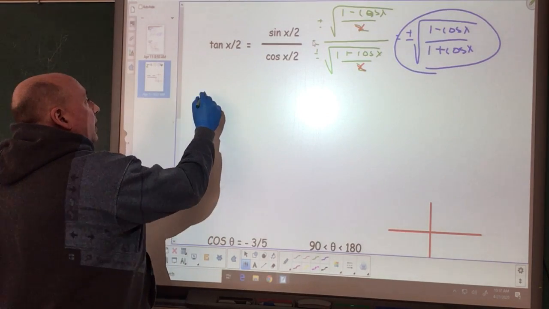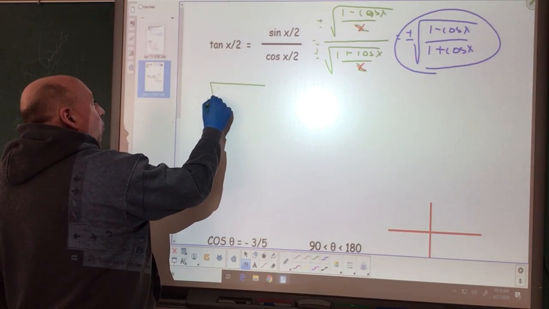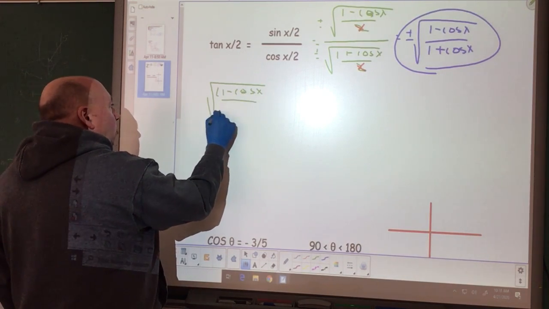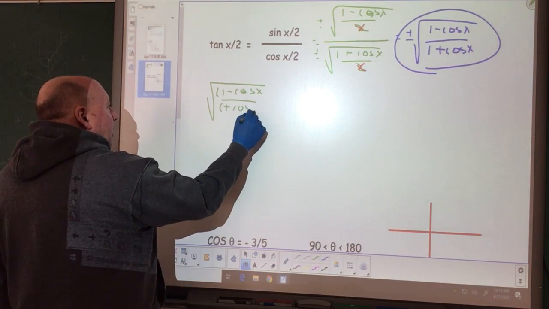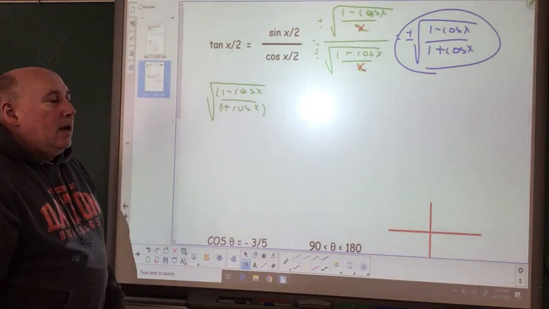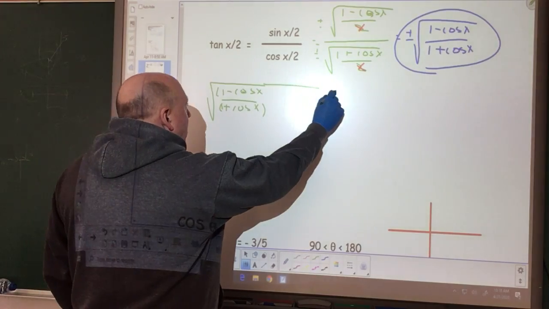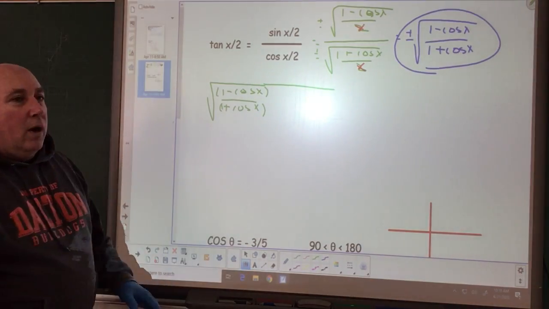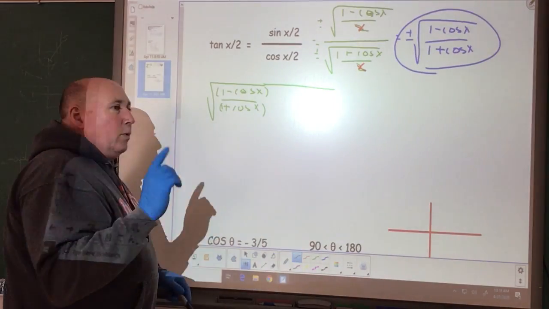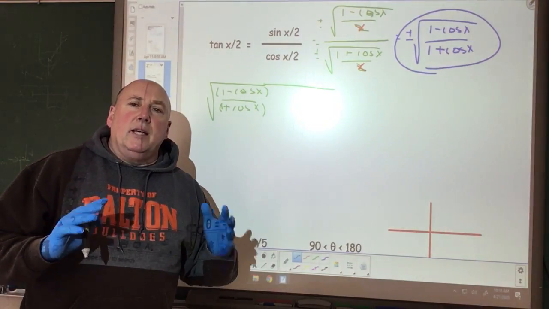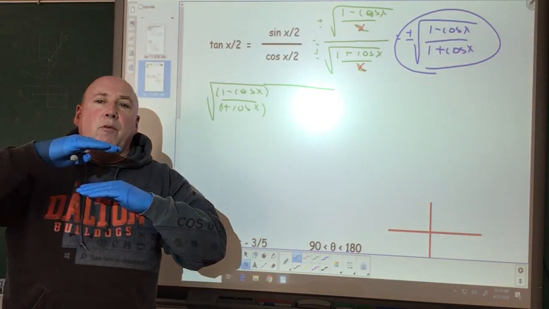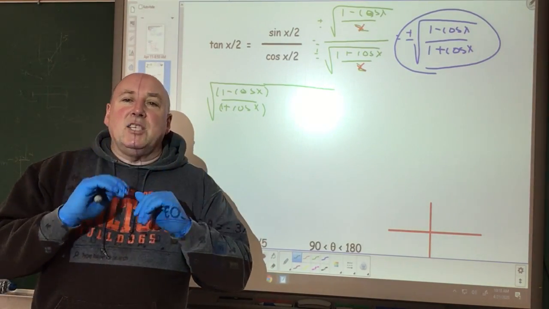If we take a look at 1 minus cosine of x over 1 plus cosine of x, and we use one of our trig identities from the very first week, and we also utilize a property of fractions that we can multiply top and bottom of a fraction by the same number and not change the fraction.